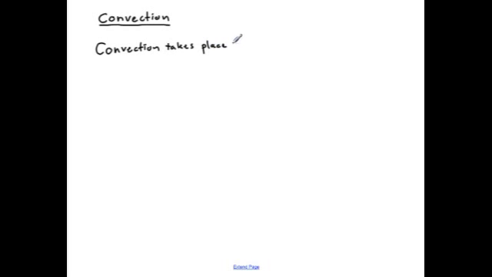And convection takes place due to the fact that different temperatures force substances into different densities.